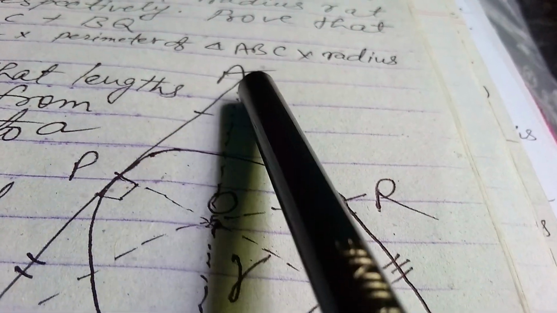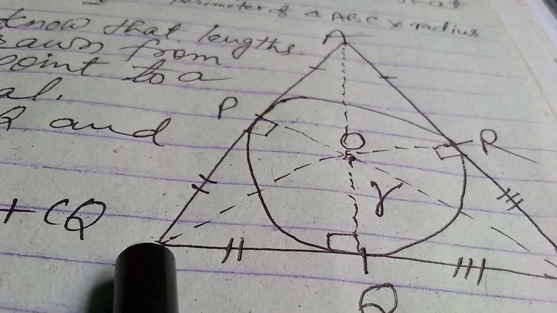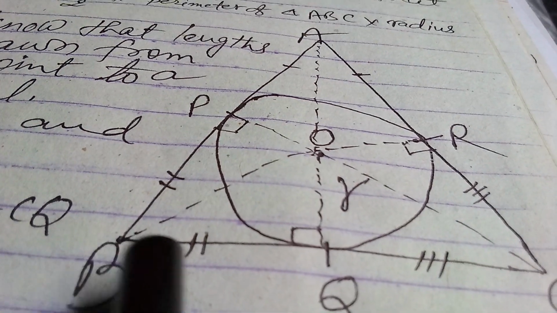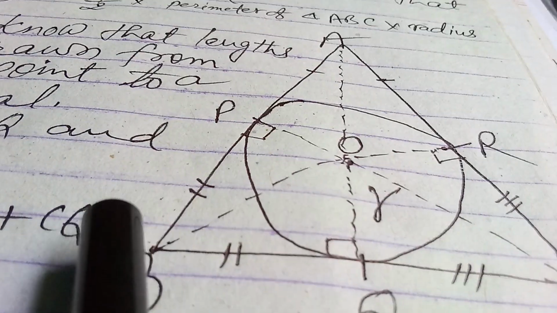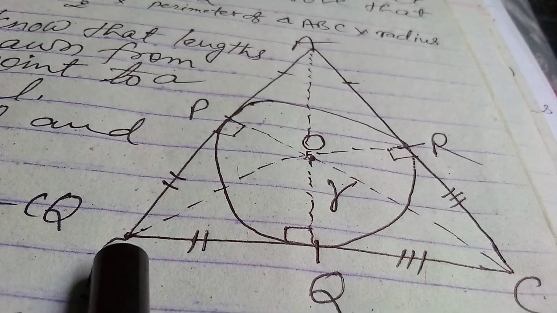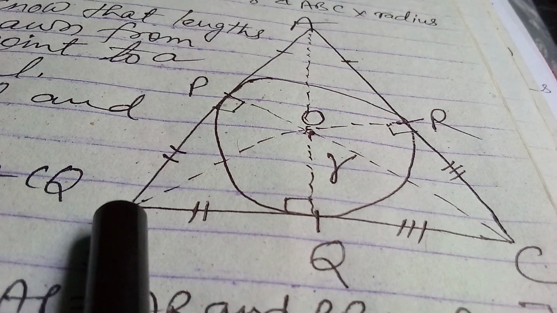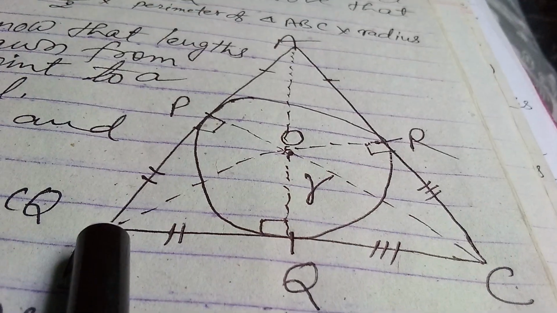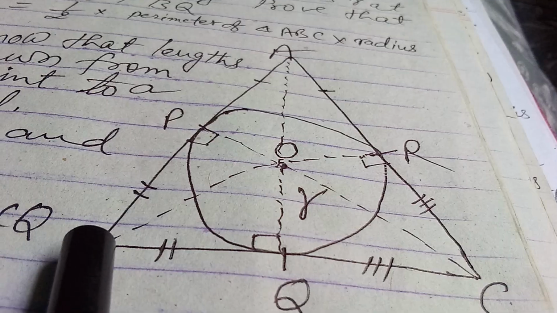So AP equals AR. In the same way, B is the external point, and from B, two tangents BQ and BP are drawn. So BQ equals BP, because when tangents are drawn from an external point to the circle, they are equal.